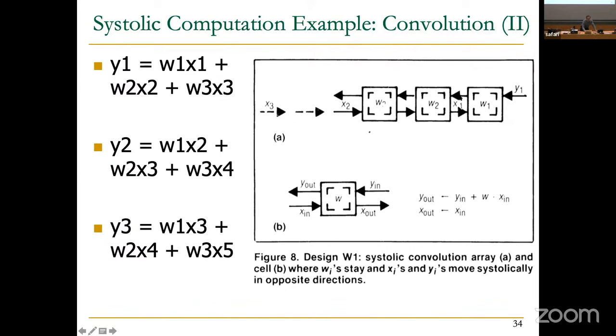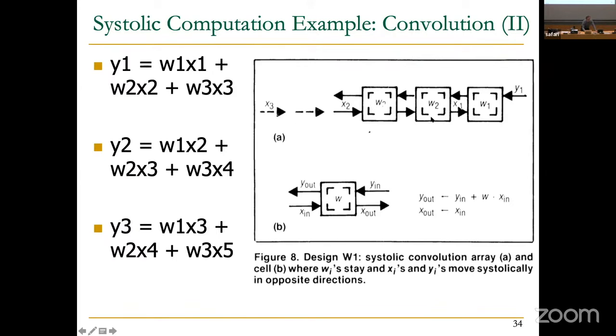Okay, so let's take a look at what happened at the end of the cycle. Y1 is here, X2 is here, right? X2 moved over here. Good, because this processing element didn't do anything in the prior cycle while this processing element was doing something over here. So at the end of the cycle, Y1 is here, X2 is here, and what is Y1? It's W1 X1.